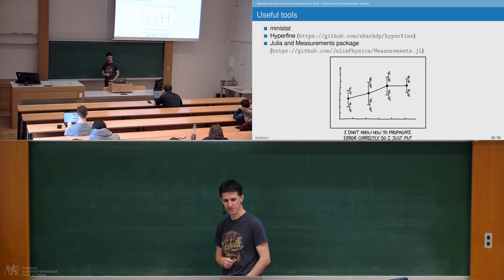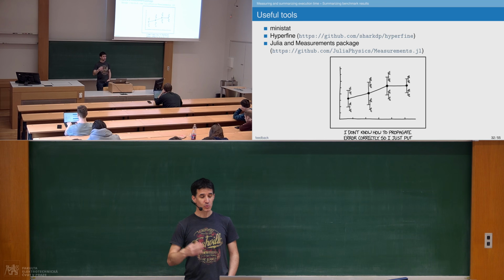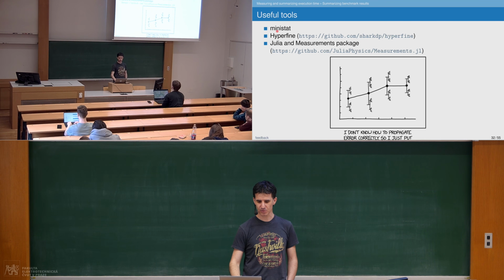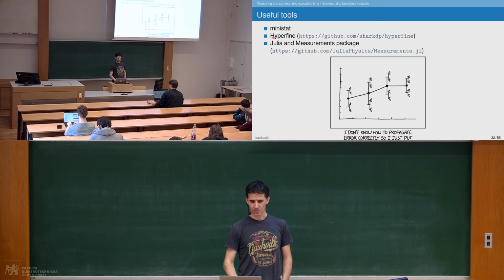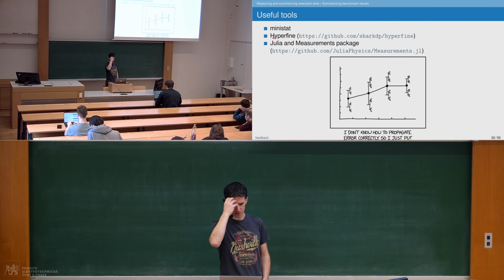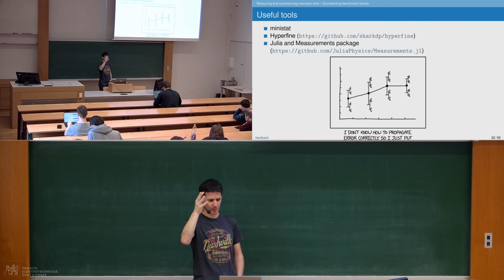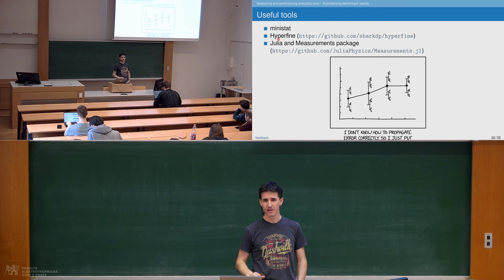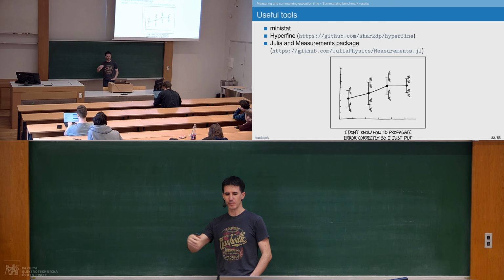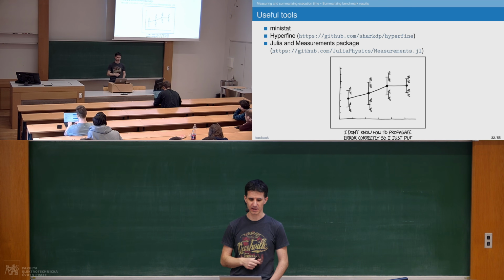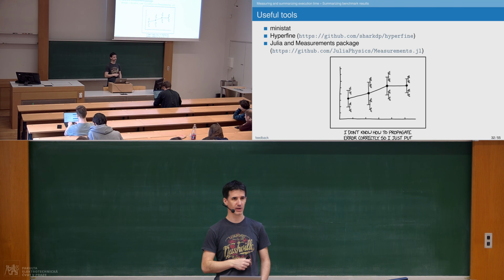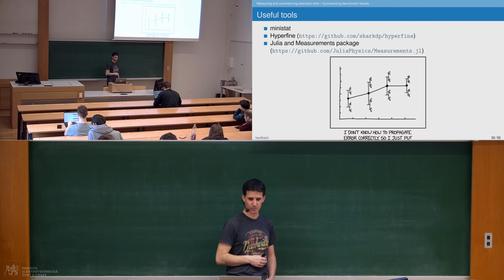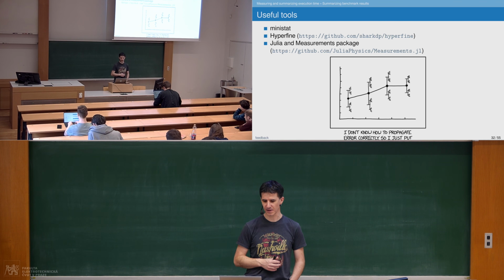So to summarize, there are some useful tools which you can use. You have already seen the Ministat tool. I think I showed it to some of you at the exercise last week. There is a tool called Hyperfine, which allows you to run benchmarks and automatically calculate those statistics for you, so that you don't have to calculate them.